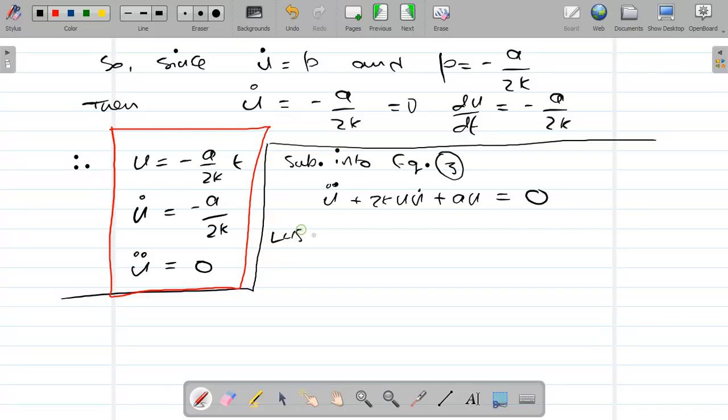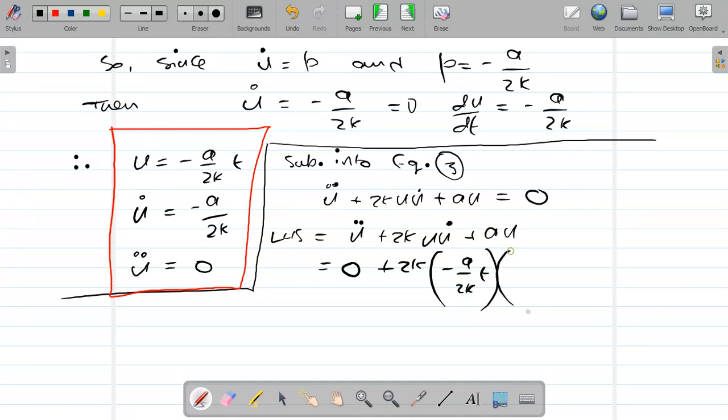So the left hand side is equal to u double dot plus 2k u dot plus a u, and if we substitute in 0 for u double dot, we have 0 plus 2 kappa times this u here, which is minus a over 2k, and we've got a t there, times u dot, well, u dot is this, which is minus a over 2k, plus a times u.